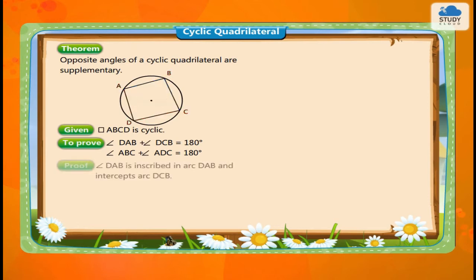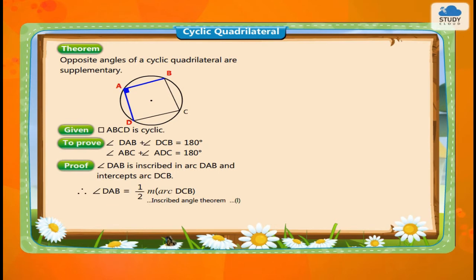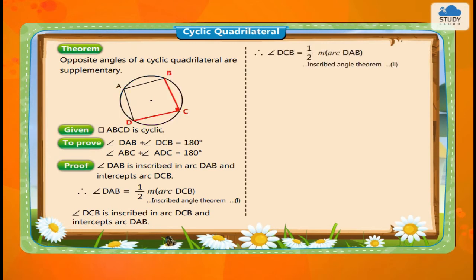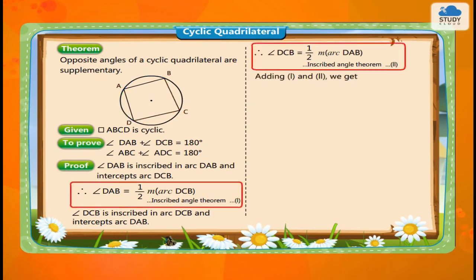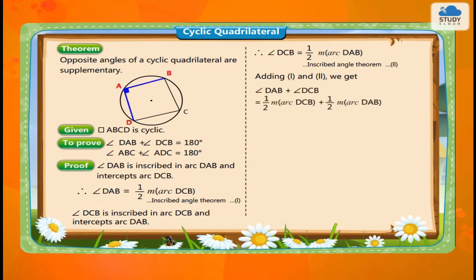Proof. Angle DAB is inscribed in arc DAB and intercepts arc DCB. Therefore, angle DAB is equal to half measure of arc DCB. Equation 1. Angle DCB is inscribed in arc DCB and intercepts arc DAB. Therefore, angle DCB is equal to half measure of arc DAB. Equation 2. Adding equations 1 and 2, we get angle DAB plus angle DCB is equal to half measure of arc DCB plus half measure of arc DAB.